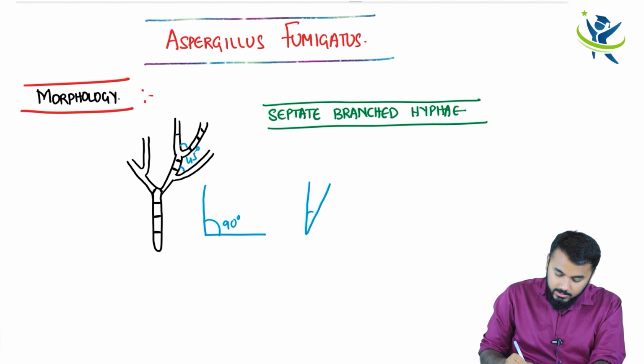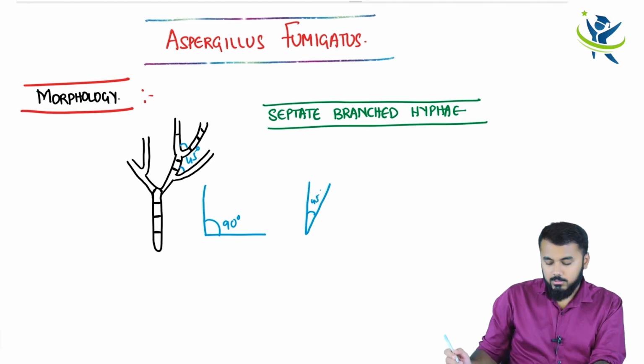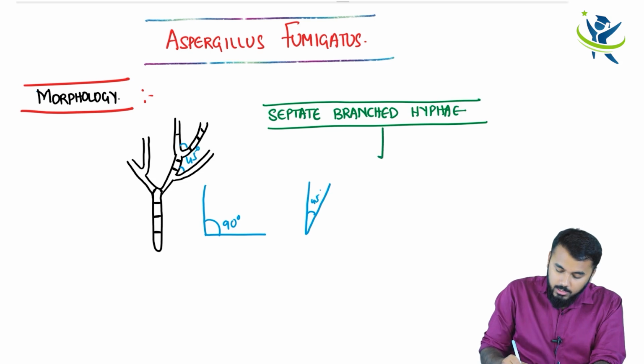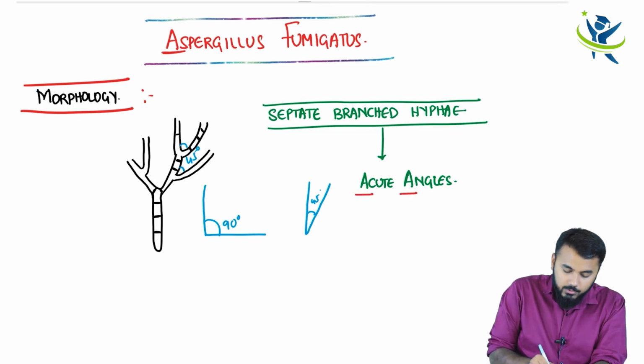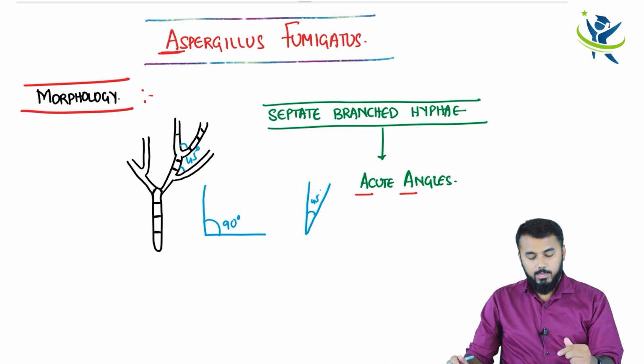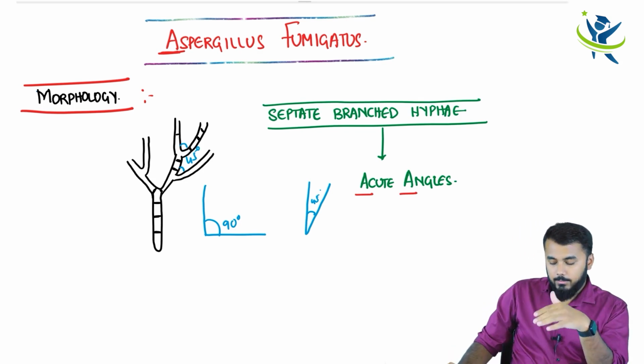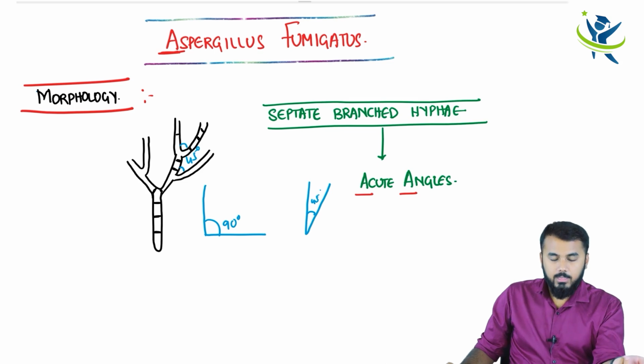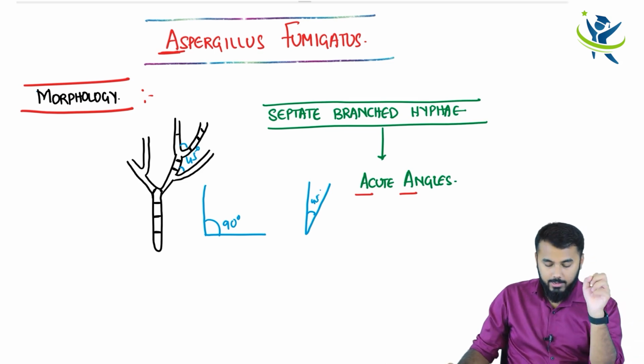If it is branching like this at 45 degrees, this is called an acute angle. So simply remember like this: acute angle, AA, is for Aspergillus fumigatus. Aspergillus is A, branching at acute angles. So it has septate hyphae. Clear? Anyways, I'll show you the picture of that.